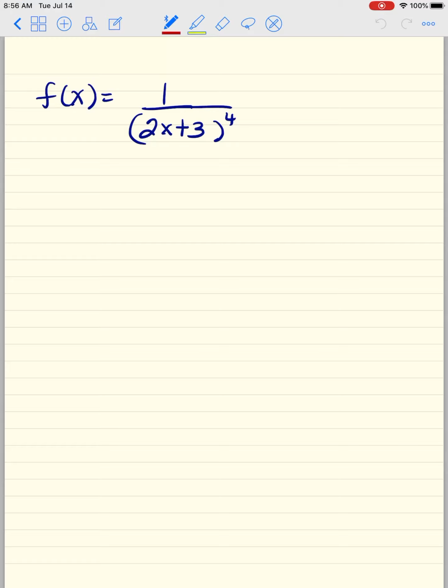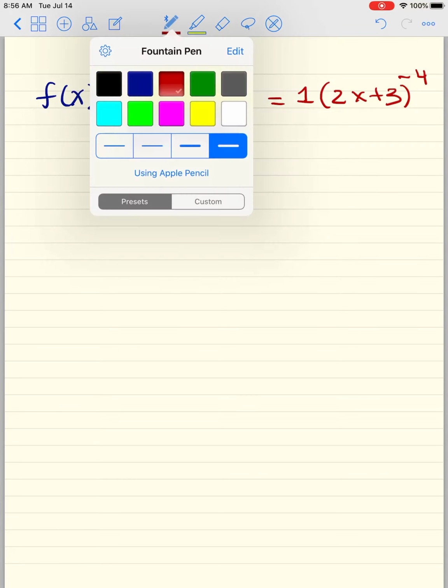In this problem here, and this is the last problem in this video, I'm also going to use the chain rule. Some of you might say, oh, it looks like a quotient. It's not a quotient rule because there's no x in the numerator. You must have an x in the numerator and denominator in order for us to use the quotient rule. You could use the quotient rule if you wanted to, but it just takes longer. So what I'm going to do is I'm going to say 1, 2x plus 3 to the negative 4. So I rewrote it as a negative 4.